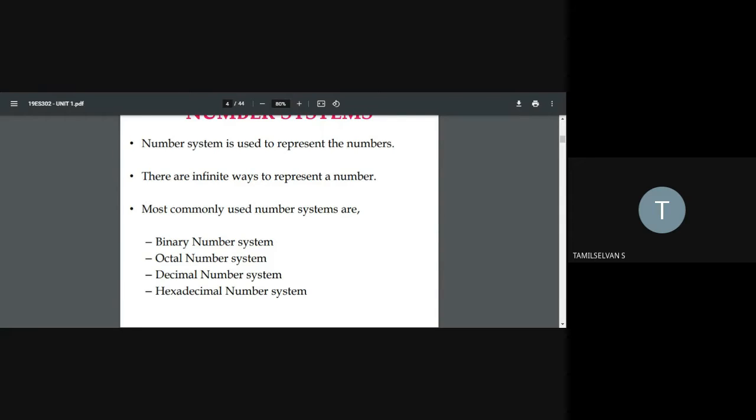The hexadecimal number system contains 16 digits, so the base value is defined as 16, right? In programming languages, we use hexadecimal to identify a variety of colors.